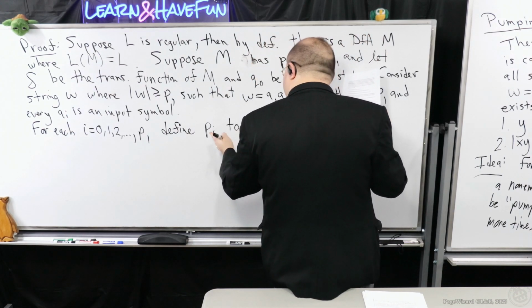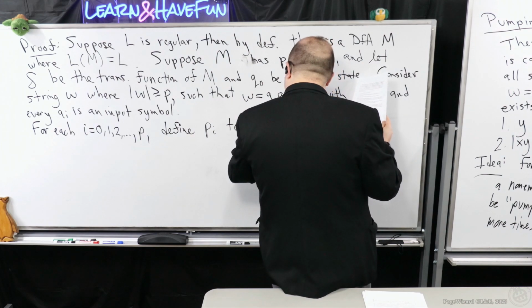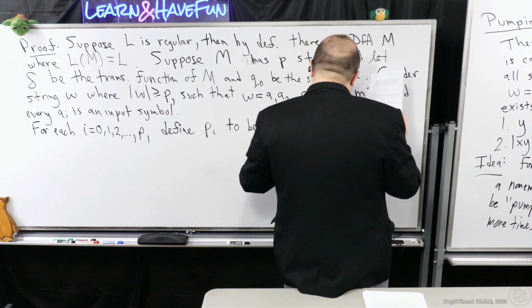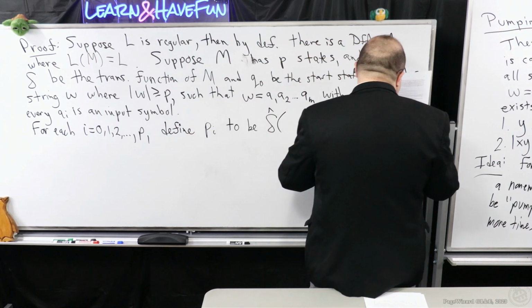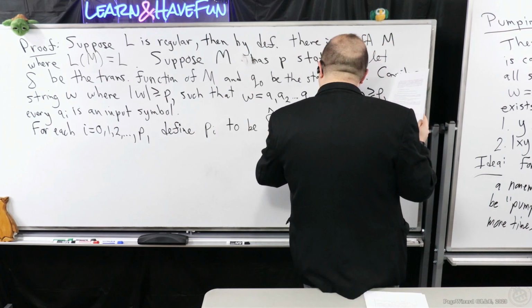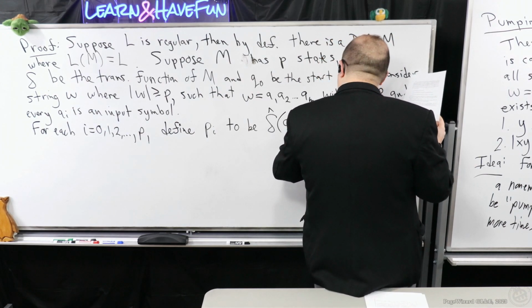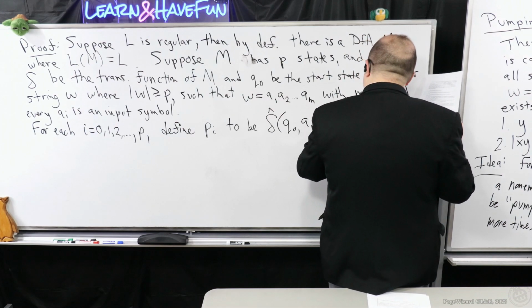I know I had a little bit of fun with that one. Let Pi be whatever the result of the extended transition function from Q0 upon reading a1, a2, all the way up to ai.